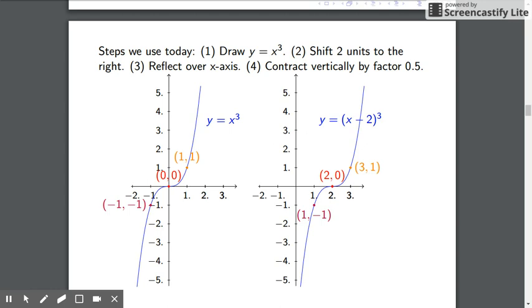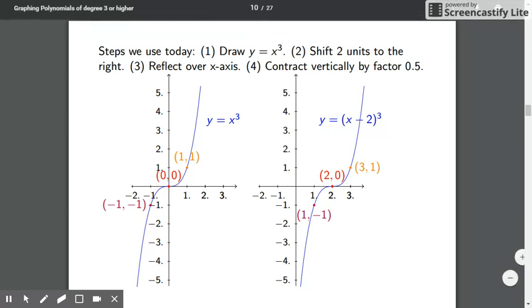So what I do is look at my x-intercept to see if it's a shift to the right or to the left. The x-intercept here is (0, 0). That's obvious: if I set y equal to 0, I get x equals 0. And for the x-intercept here, if I set y equal to 0, I get x minus 2 equals 0, that is x equals 2.